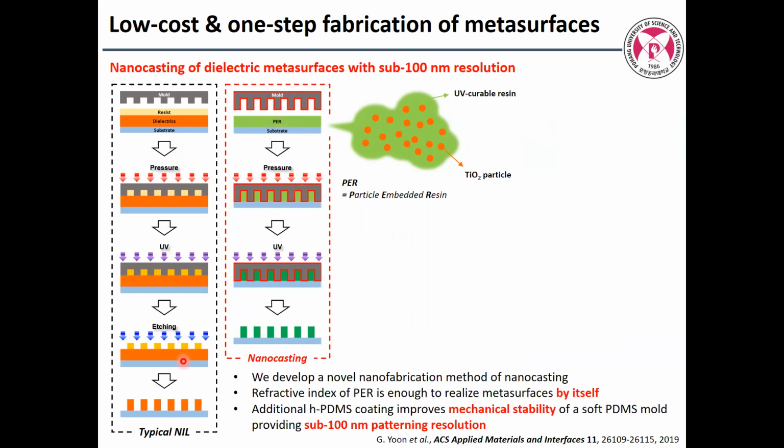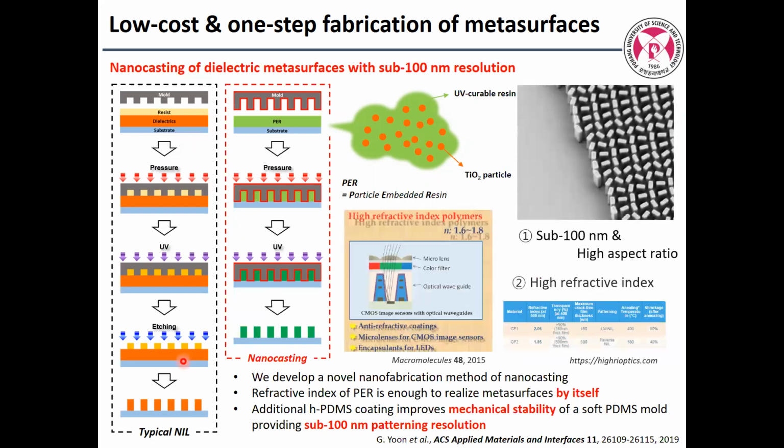That's done. But to make sense of this way, we have to solve three problems. Can we transfer a sub 100 nanometer pattern by this printing technique? Is a high aspect ratio doable or not? And how can you achieve a high refractive index? Because for this resin, usually a polymer-based one, 1.5 is the maximum refractive index.